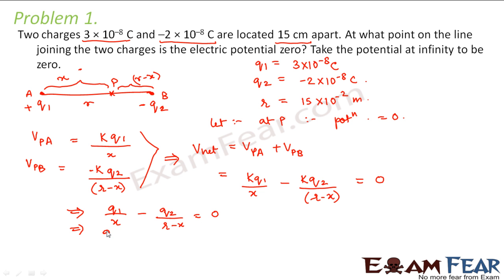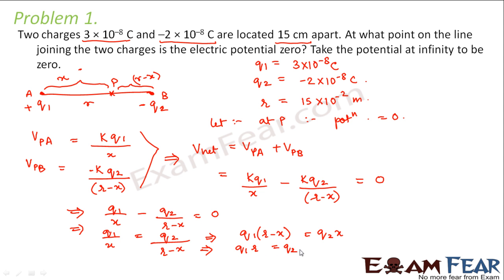So from this you can say Q1 by x is equal to Q2 by R minus x. That is Q1 into R minus x is equal to Q2x. So now you can say Q1R is equal to Q2x plus Q1x. So from this we get x is equal to Q1R divided by Q1 plus Q2.